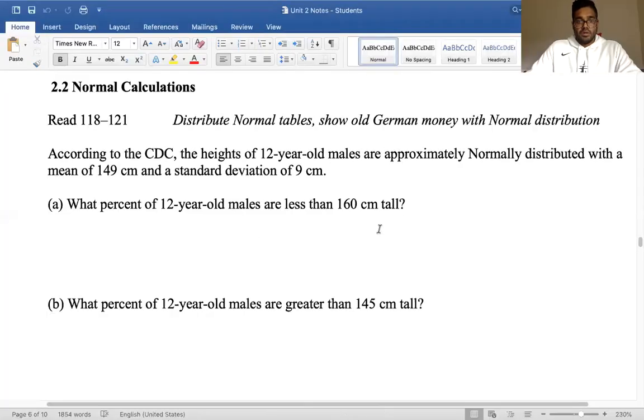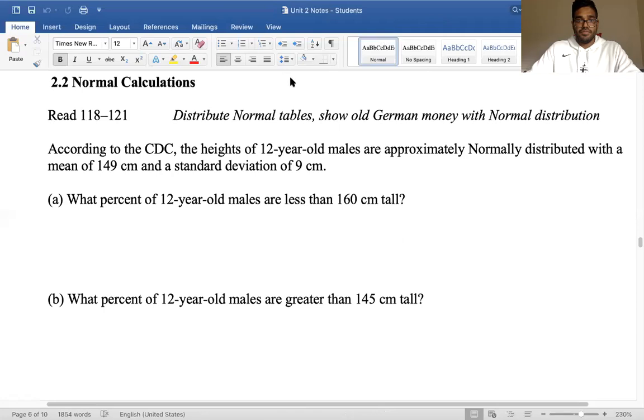So let me go back to the notes. We had z equals 1.22.